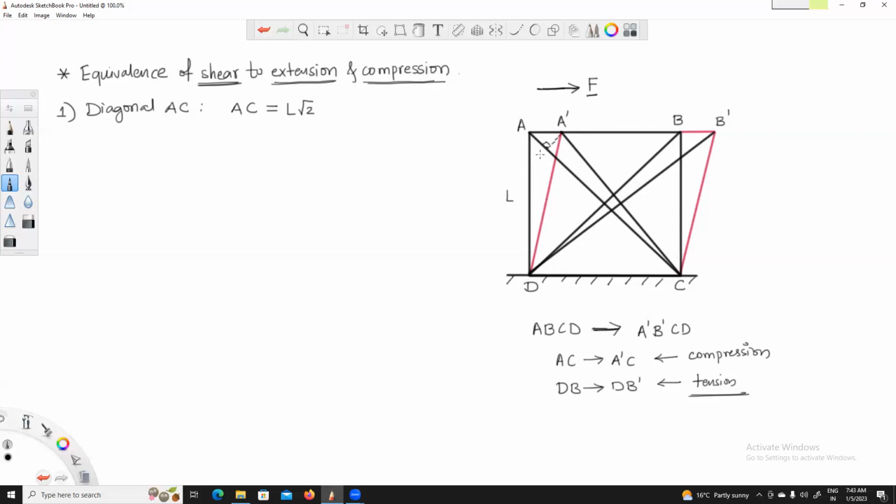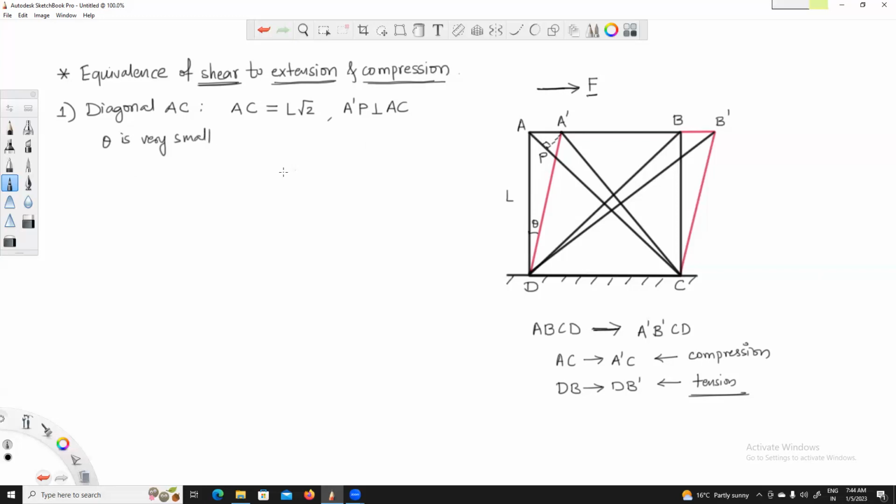Let me name this point P. So now A dash P is the perpendicular to the initial diagonal AC. Due to the application of the shear force, this angle has changed a little bit, and let me take this angle to be theta and assume that theta is very small.